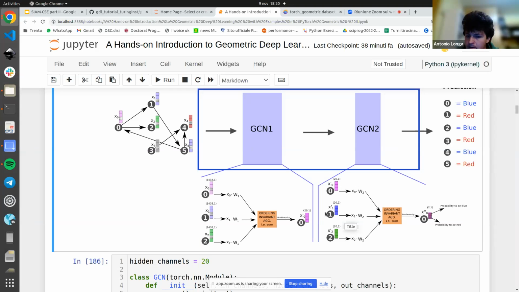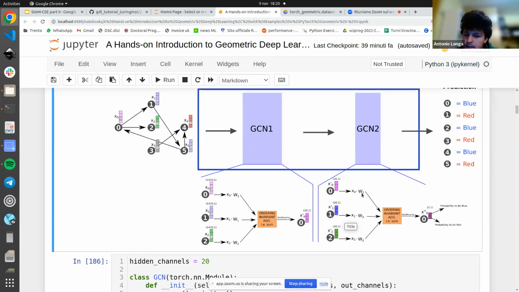So instead of x1, we will have x prime 1, x prime 2, x prime 0. And once again, we multiply by a matrix that is shared among all the nodes. Then once again we have the order-invariant aggregation and a nonlinearity.